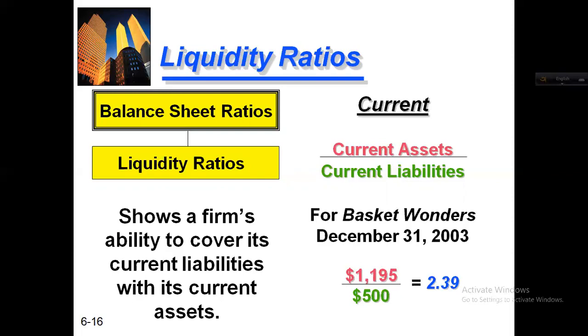These items combined go to the lower side. Then we get a current ratio of 2.39. How can we interpret 2.39? It means we have the ability to pay 2.39 times of current assets to cover the current liabilities, that is, 1 unit.